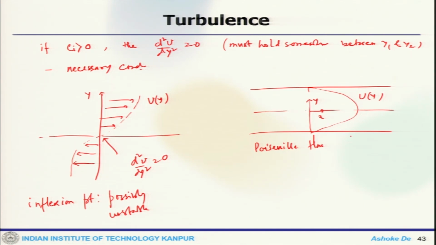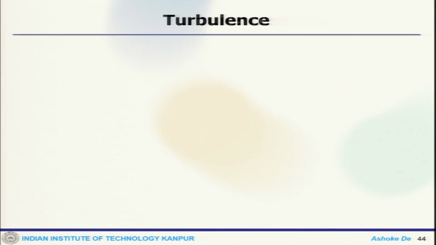So, this is a parabolic velocity profile. So, this is stable based on Rayleigh's criterion.